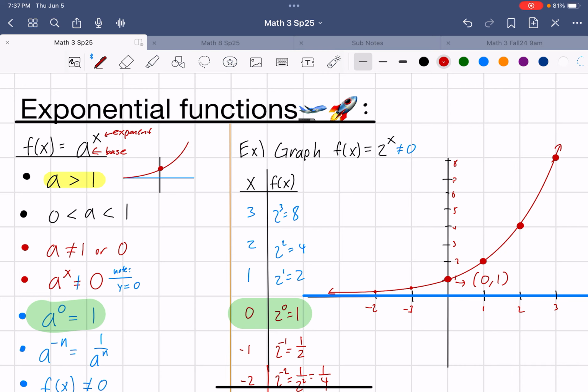But when it comes to being in between 0 and 1, it actually looks a little different. We can use points to show this, but for the sake of time, I'm going to show you. It actually reverses the direction. So instead of going up on the right, it grows fast on the left. So that's the difference between these.